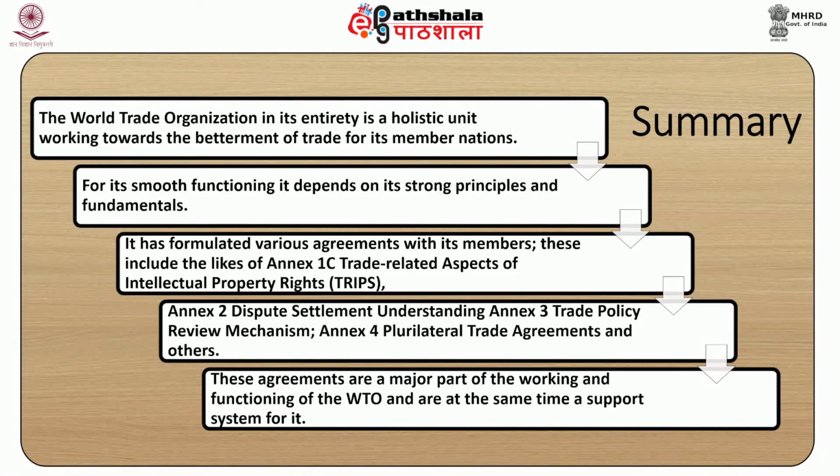These include the likes of Annex 1C, trade related aspects of intellectual property rights, that is TRIPS, Annexure 2, dispute settlement understanding, Annex 3, trade policy review mechanism, Annex 4, plurilateral trade agreements and others. These agreements are a major part of the working and functioning of the WTO and are at the same time a support system for it.